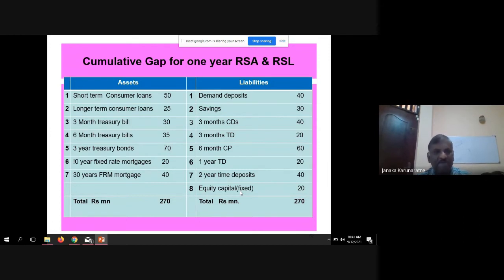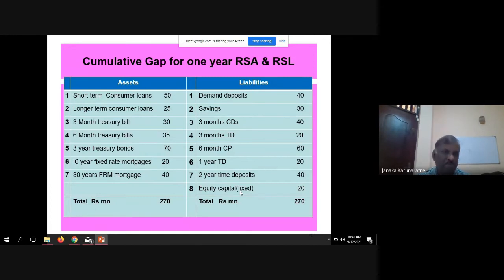30 years FRM is floating rate mortgages. Floating rate means you have to adjust the interest rate, usually semi-annually or annually. So that is again subject to interest rate change.